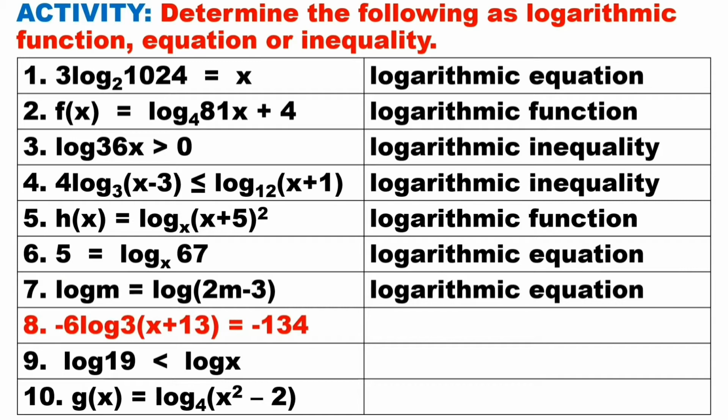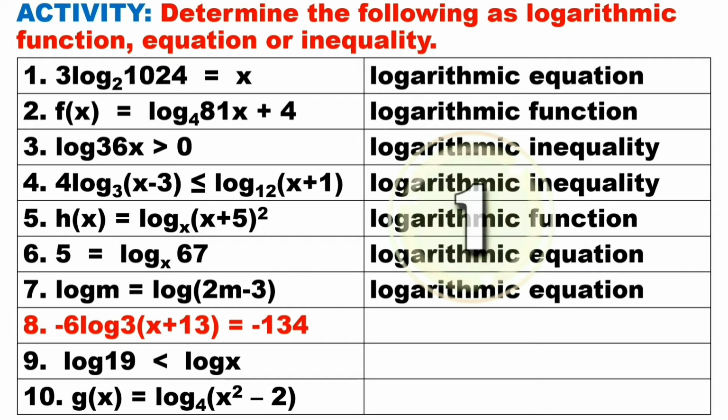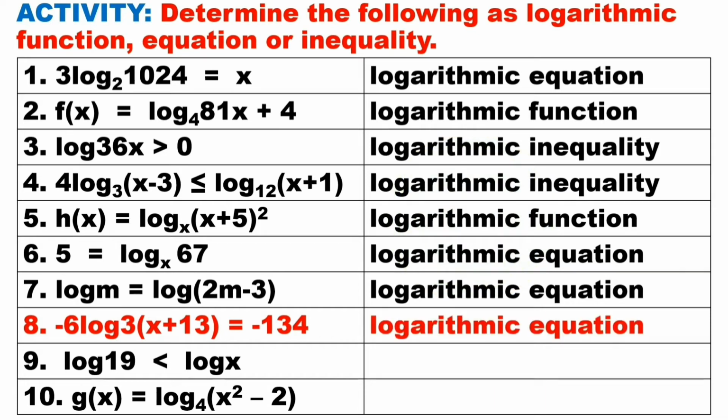Number 8, negative 6 times the logarithm of 3 quantity x plus 13 equals negative 134. A logarithmic equation because it has one variable and uses the equal sign.